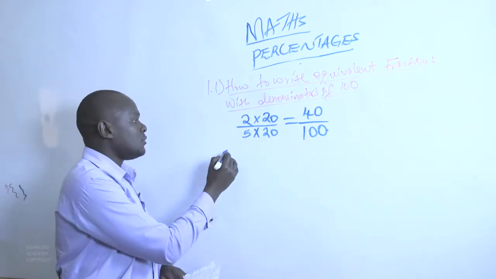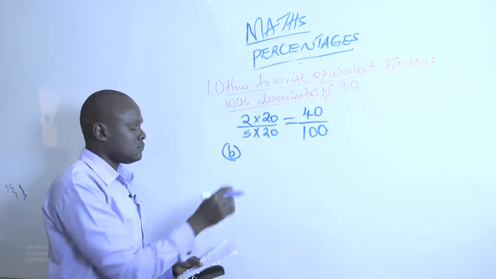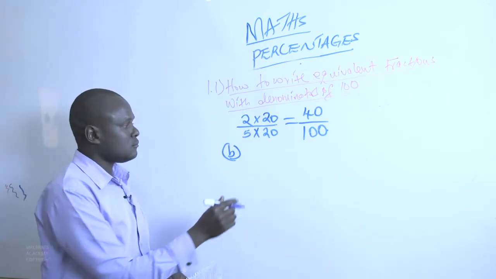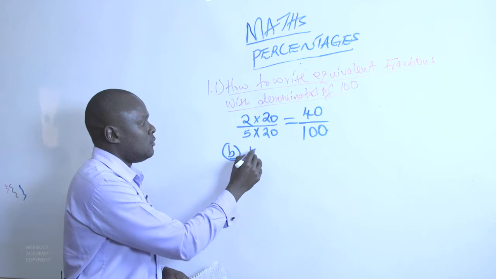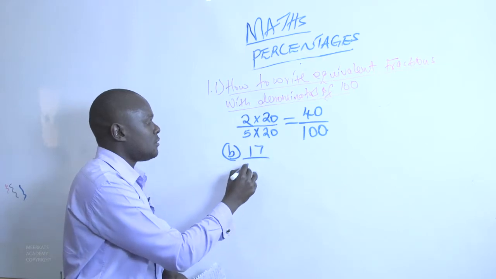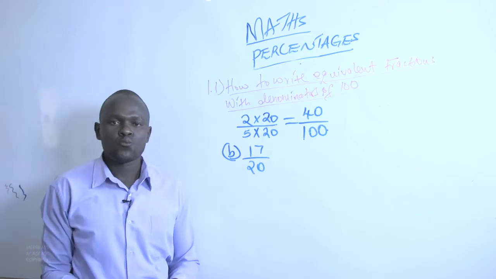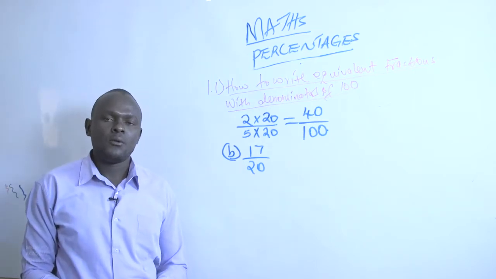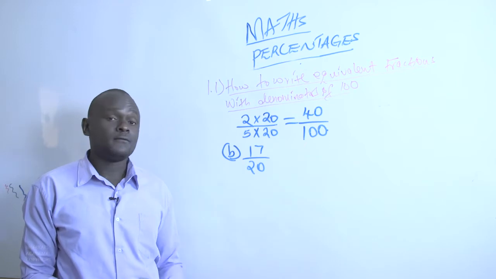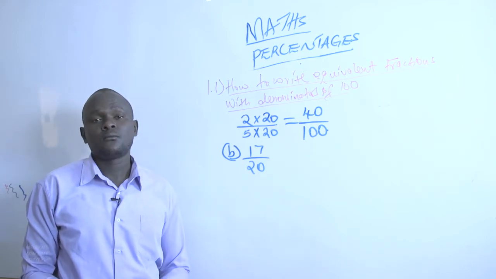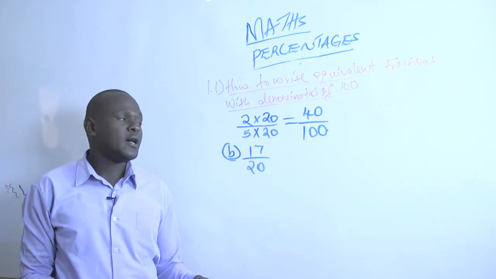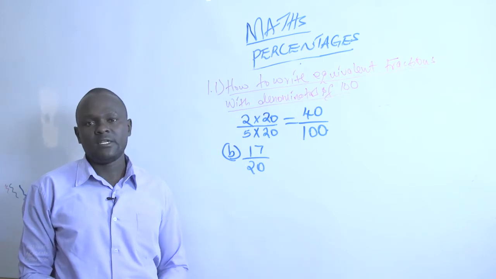Our second example is 17 out of 20. This is another fraction that we want to get its equivalent.